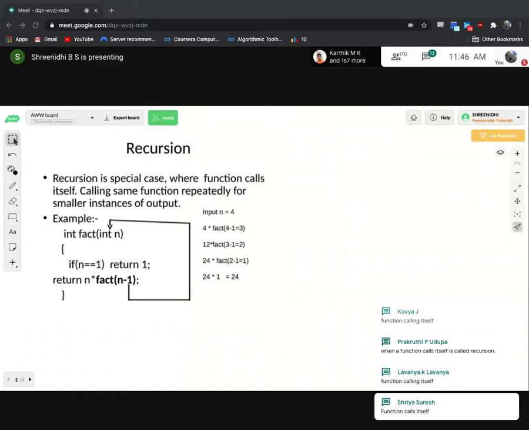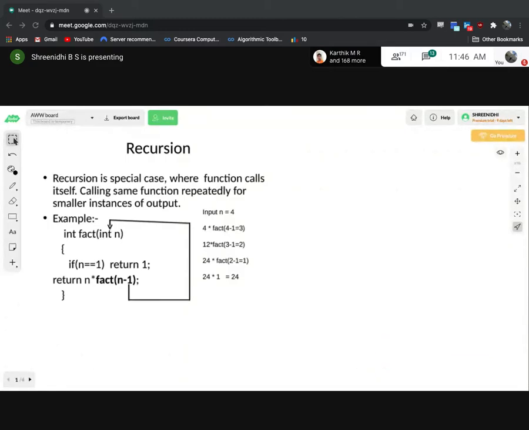It's known as recursion. In this we have two types of recursion: direct recursion and indirect recursion. For this, we'll take a simple direct recursion.